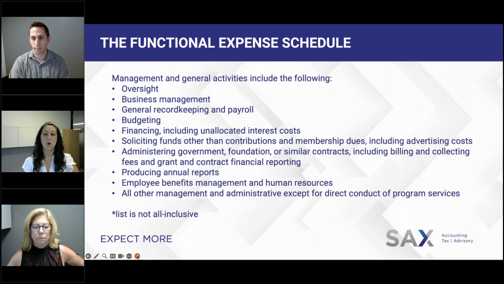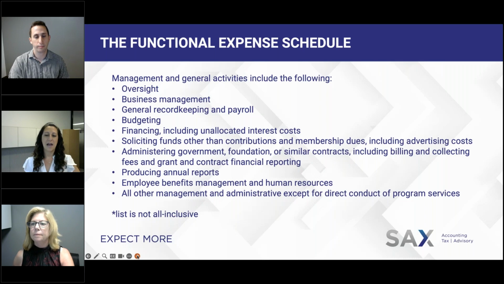So something like oversight of the program, business management, general record keeping and payroll, budgeting, financing, including unallocated interest costs, soliciting funds other than contributions and membership dues, so that includes advertising costs, administering government, foundation, or similar contracts, including billing and collecting fees and grant and contract financial reporting.